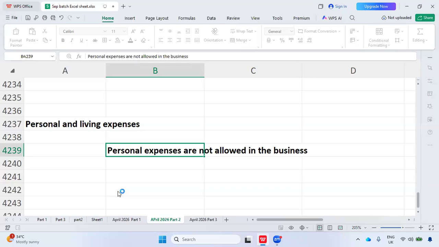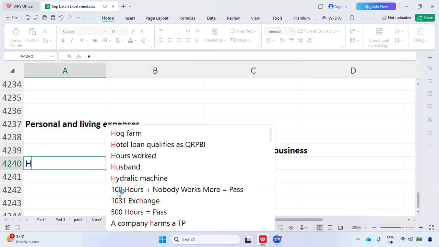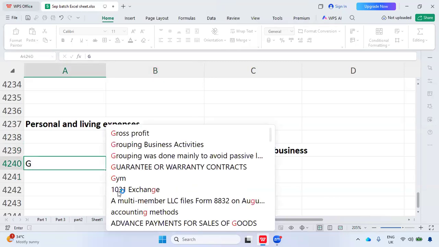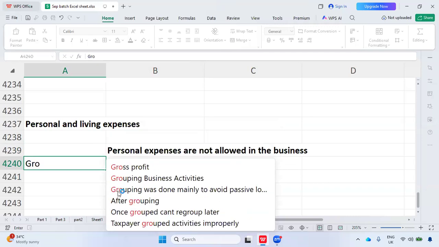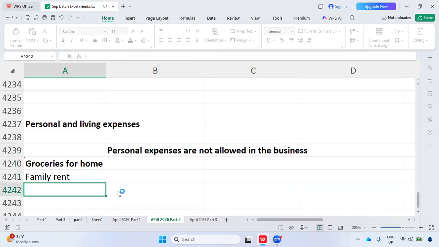Let's say there is an example. If you see in the tax return, the taxpayer is providing groceries for home. Can we claim as a business expense? No, because this is personal expense, right? Personal expenses are not allowed. Like let's say family rent. The taxpayer has provided family rent and is saying these are business expenses.